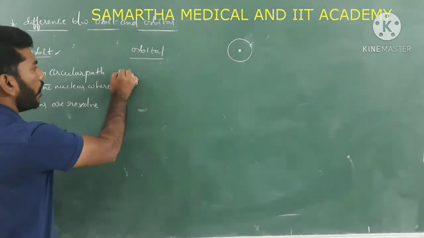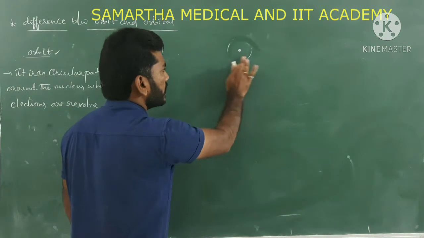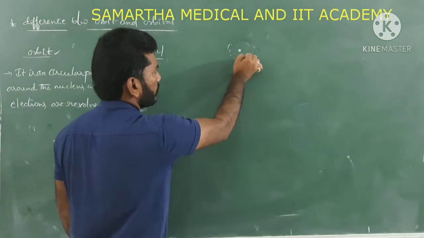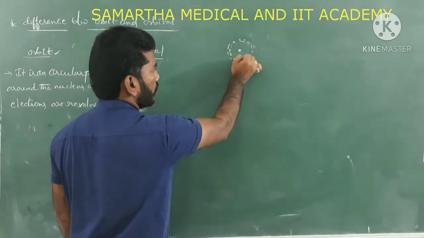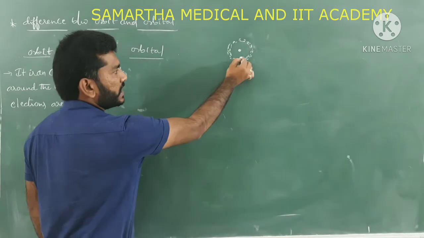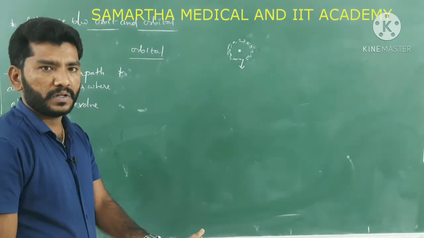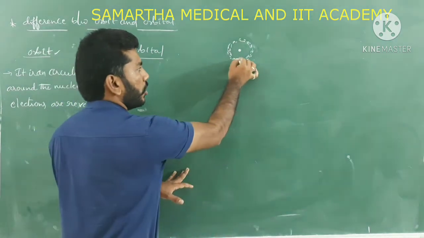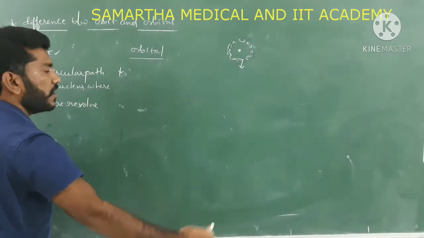Then what is meant by orbital, guys? Orbital is a region or a space or a point present around the nucleus where the probability of finding the electron is maximum. That we can call an orbital. So orbit is quite different from orbital.